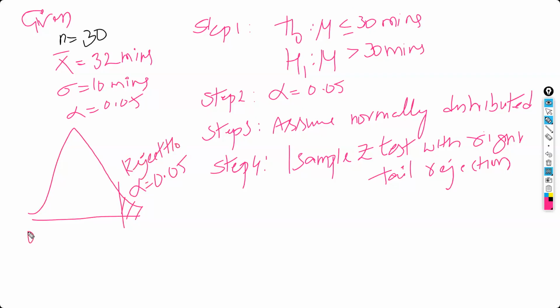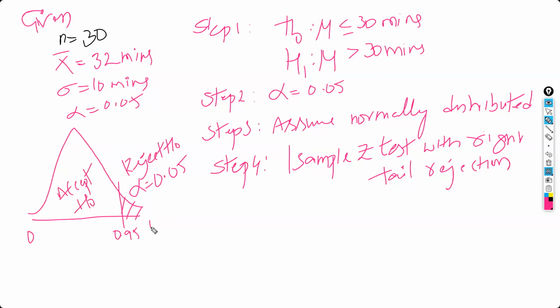Now, till this, what is the value? 0.95. For 0 to 0.95 p values, we have to accept the null hypothesis. From 0.95 to 1, we have to reject the null hypothesis. Because 95% is the acceptance region, 5% is the rejection region.